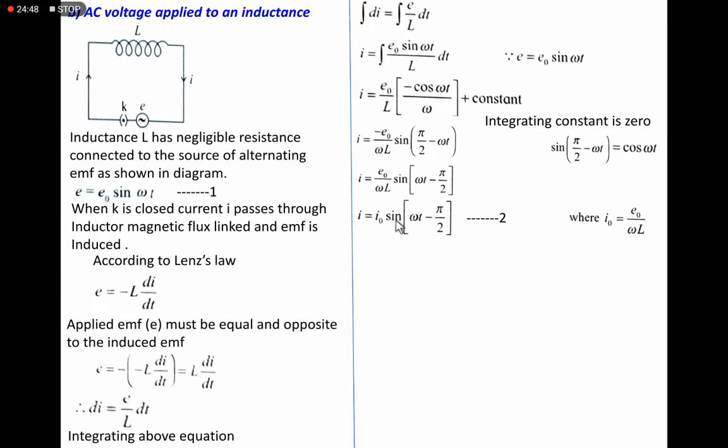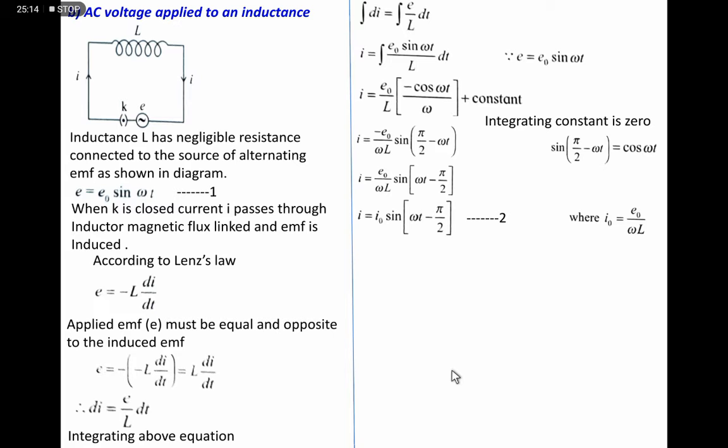Here it is omega t minus pi by 2, which means the current is lagging by pi by 2 with respect to the applied EMF across the inductance. EMF is applied across the inductance coil and current is there in the inductance coil because of the change in flux.